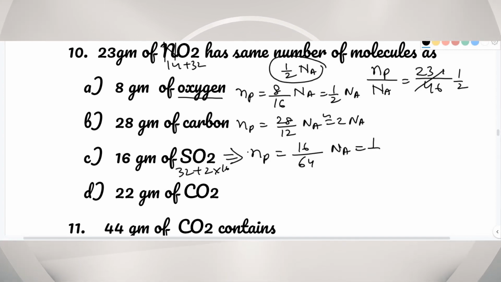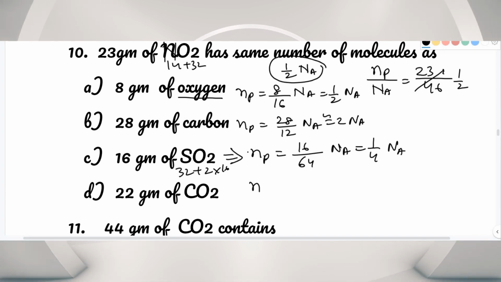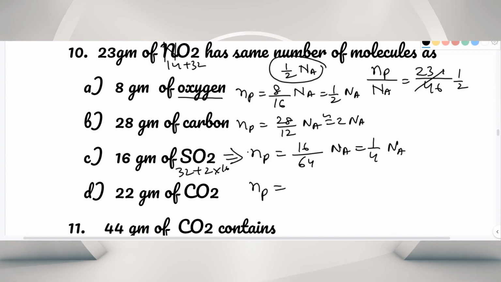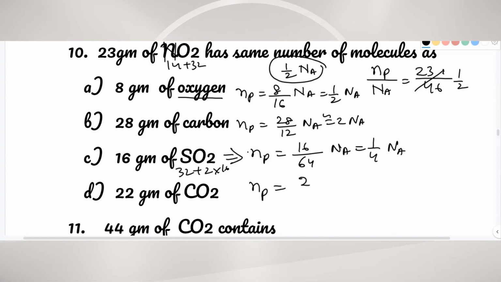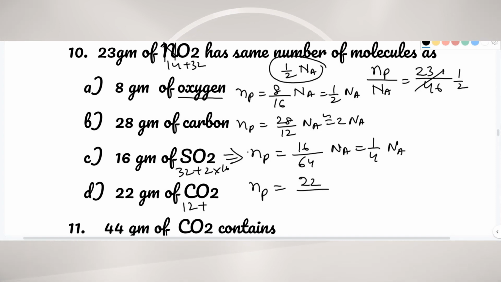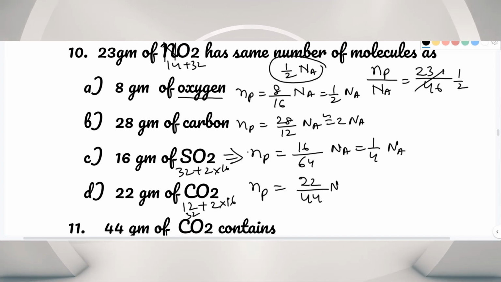So this is 1/4 of Avogadro number, and finally 22 grams of carbon dioxide has how many molecules of carbon dioxide in it? That is 22 divided by molar mass, that is 12 plus 2 times 16, 32 plus 12, 44, times Avogadro number.